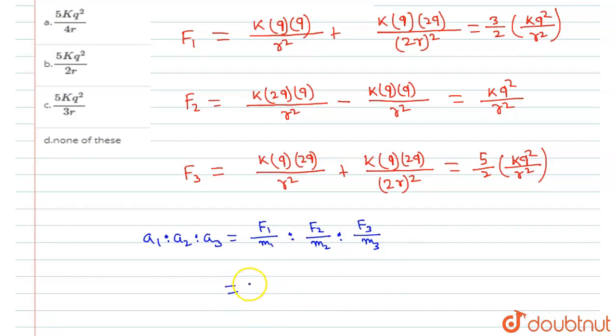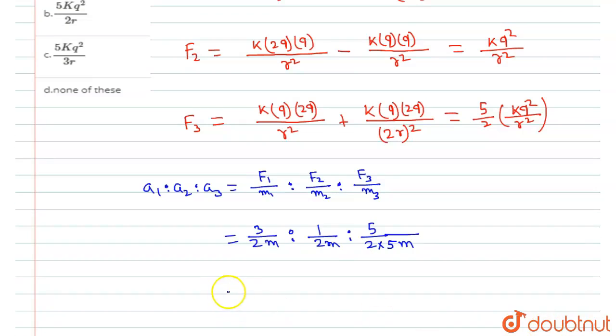So this is 3 by 2 into 1 by M1, where M1 is M, ratio 1 by M2, where M2 is 2M, ratio 5 by 2 into 1 by M3, where M3 is 5M. Now M and M cancel out, so the ratio is 3 ratio 1 ratio 1.